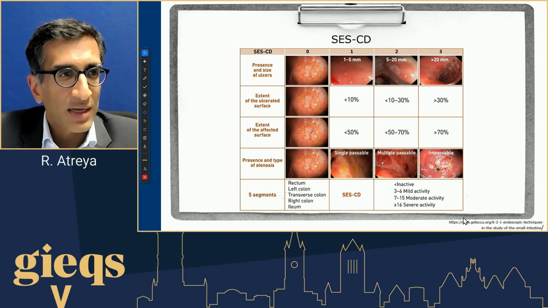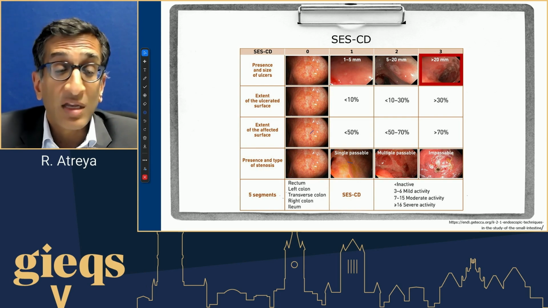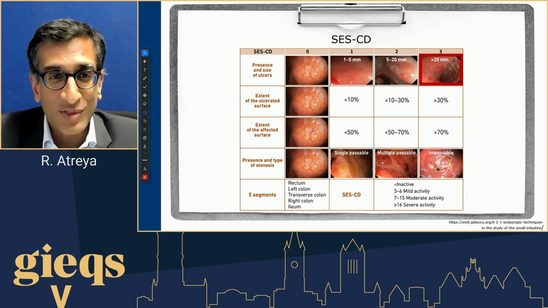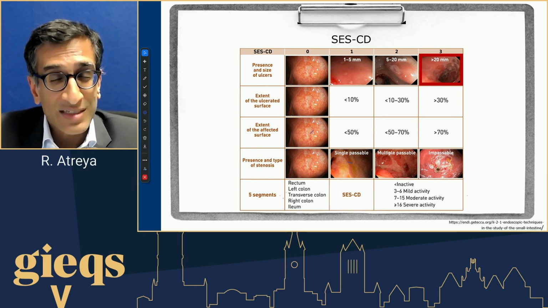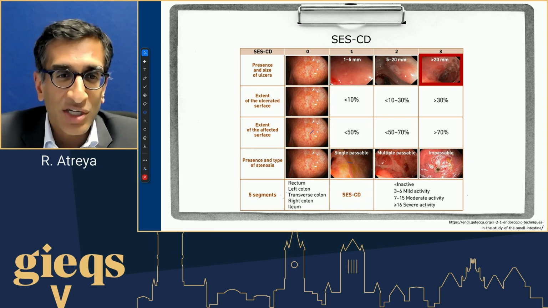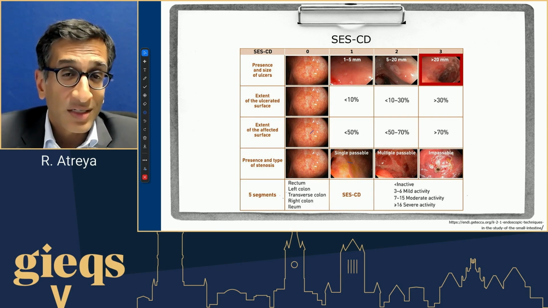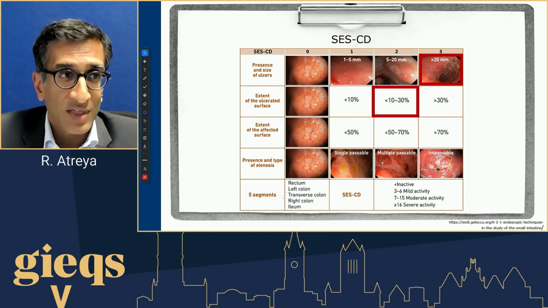If you calculate the SES-CD score again, I would say, yes, there was an ulcer. Even if there's only one ulcer above 2 centimeters, we have to take it in, even if all the other ulcers have vanished or have gone down. I think that's one of the weaknesses of the endoscopic scores that we use. We always assess the worst lesion, and even if they change in numbers, it's not reflected in the score from my point of view.